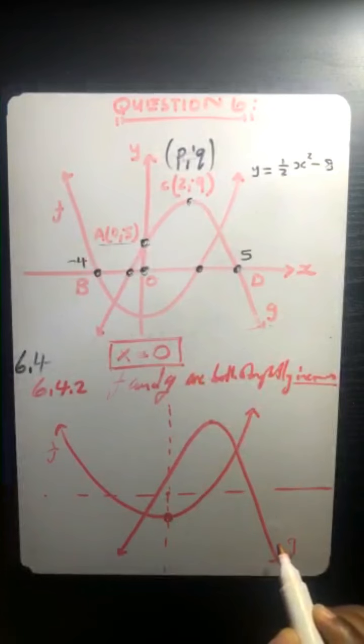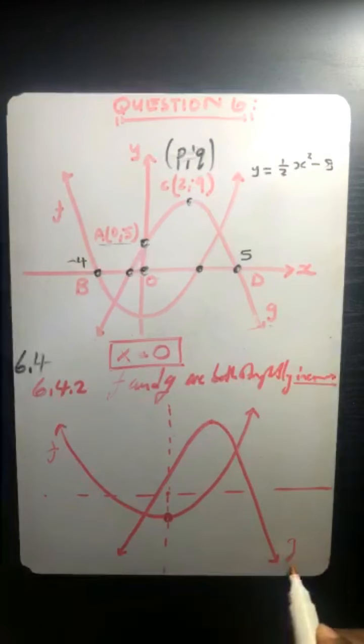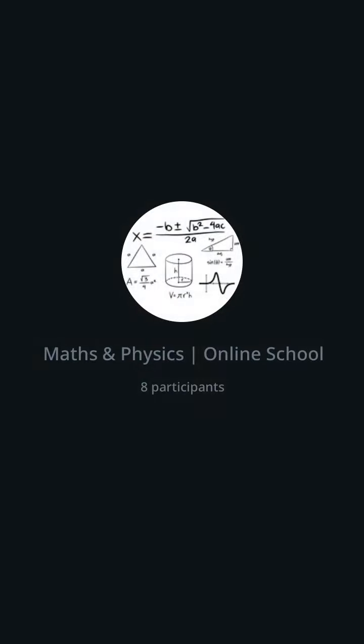Okay. At which point are we having the graph of g increasing? From which point up to which point? Or what can you say about g?